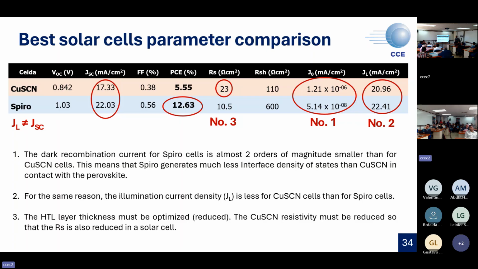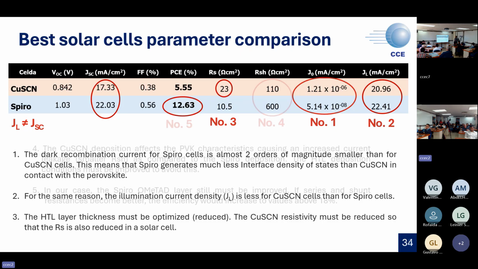And in point number 3, we can see a bigger series resistance, so the hole transport layer thickness for copper-tungsten atom must be optimized or reduced. And the resistivity of the copper-tungsten atom must be reduced in order to obtain a better value of the series resistance.